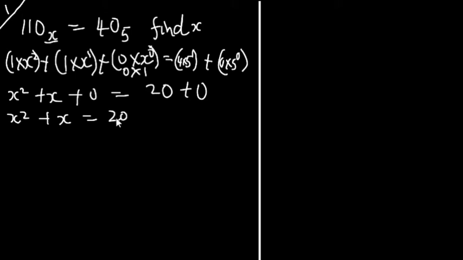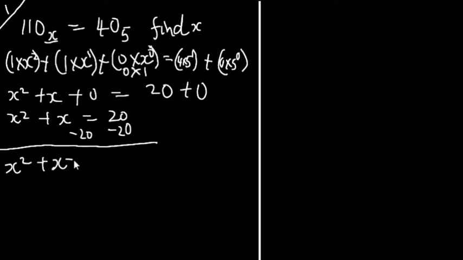So you can bring this 20 to the left hand side of the equation by subtracting 20 from both sides of the equation. So we are going to have x squared plus x minus 20 equals 20 minus 20 is 0.